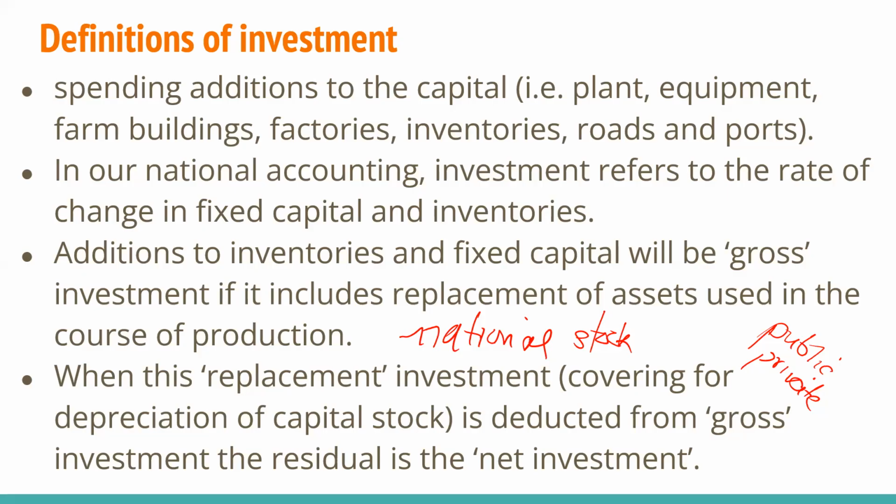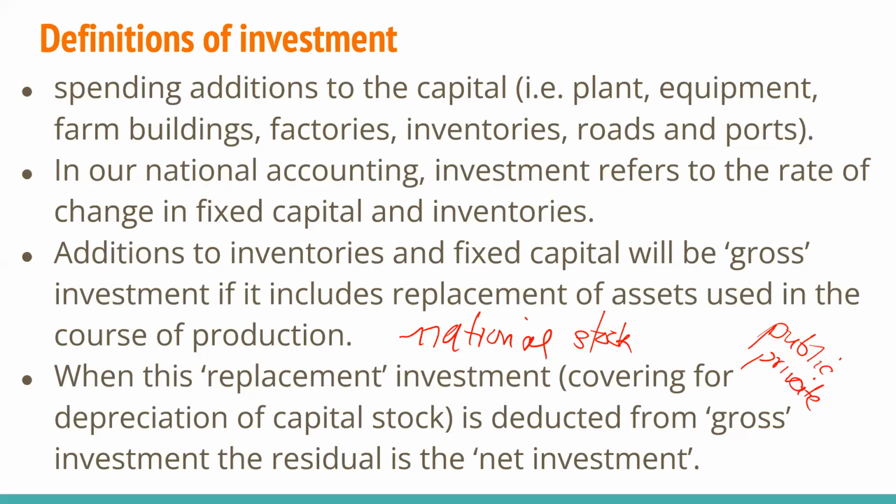So spending additions to capital, spending increase in capital stock. Whatever area of human endeavor leads to these additions must be understood as investment. In national accounting, we can define it as a slope of sorts, because it is tracking the rate of change in fixed capital and inventories.